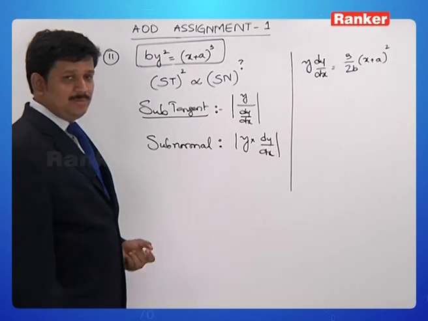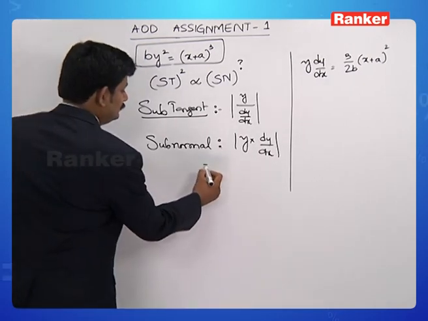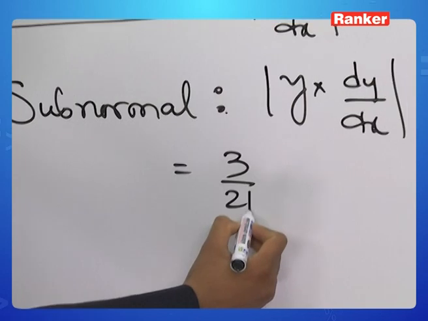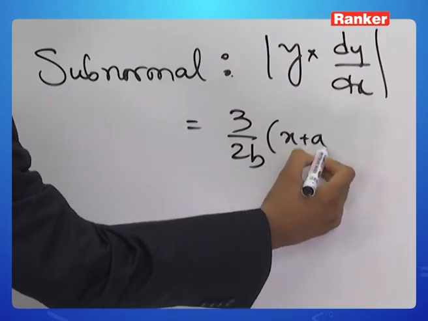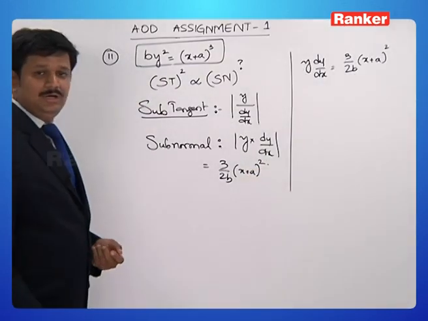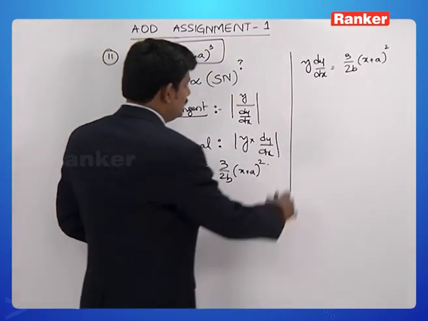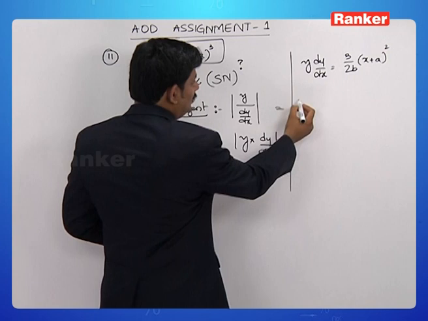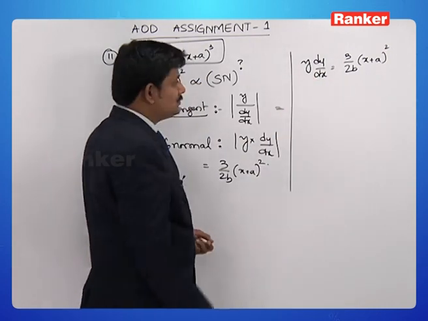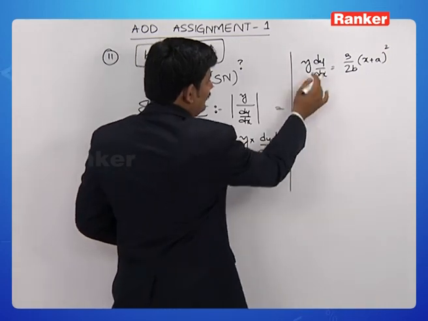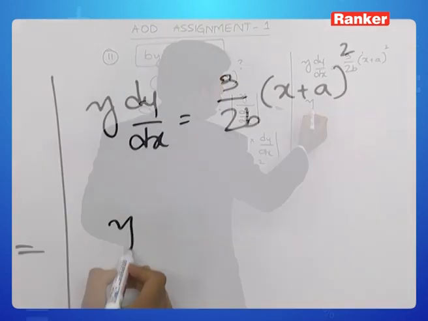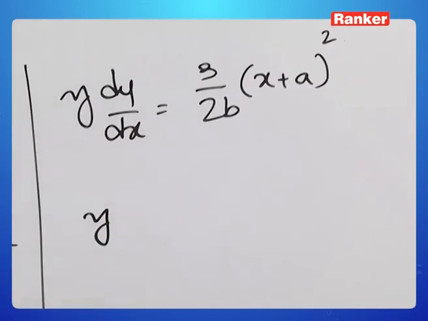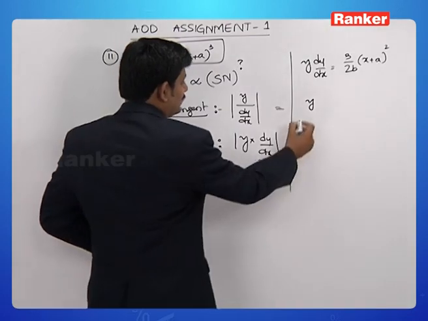So the length of the subnormal is 3 by 2 into (x plus a) whole square. Let us also find the length of the subtangent. The length of the subtangent will be equal to y by dy by dx, which is y square divided by y dy by dx.